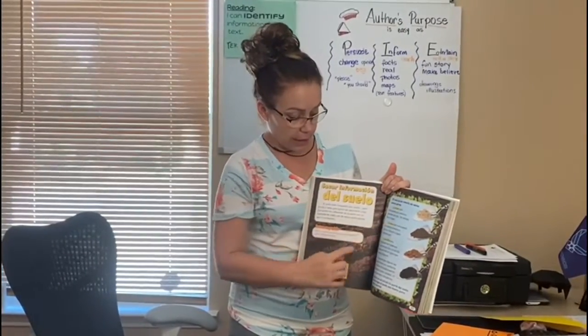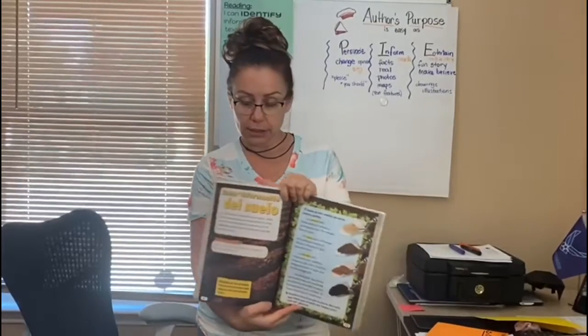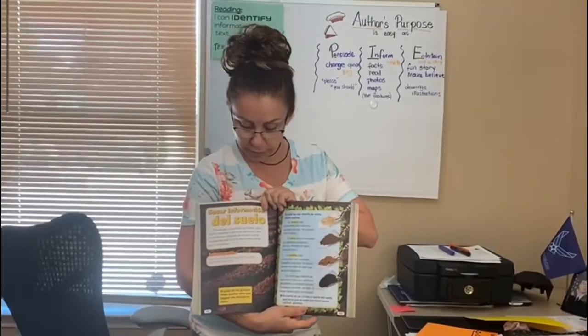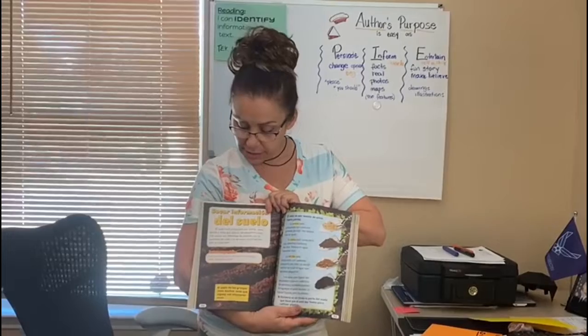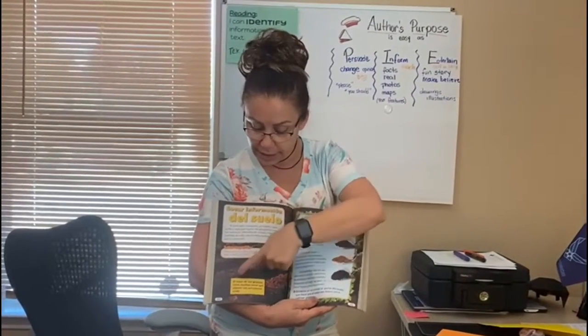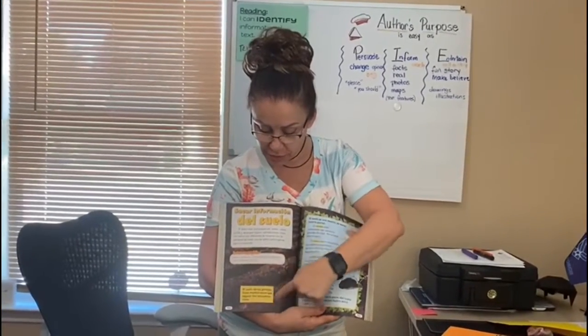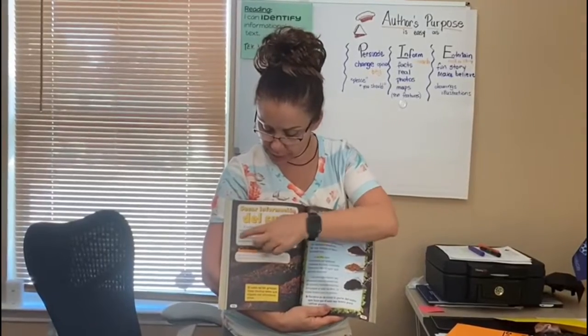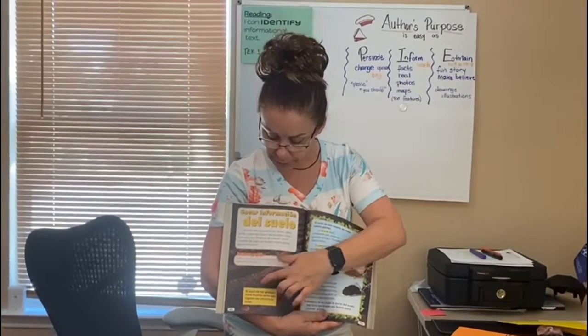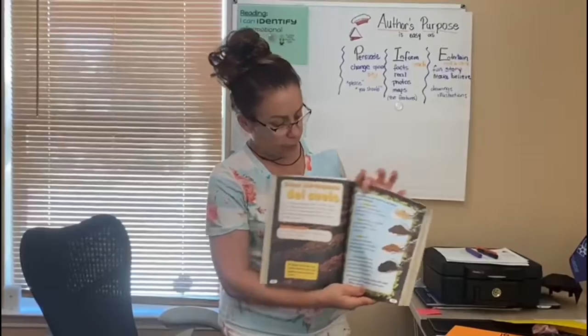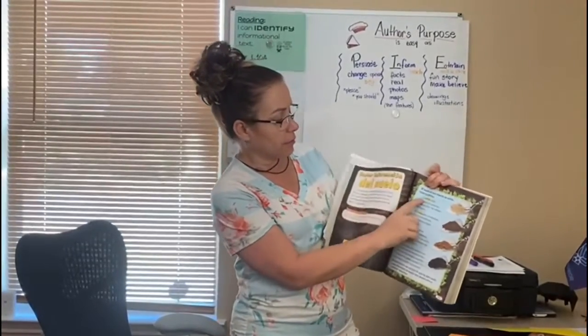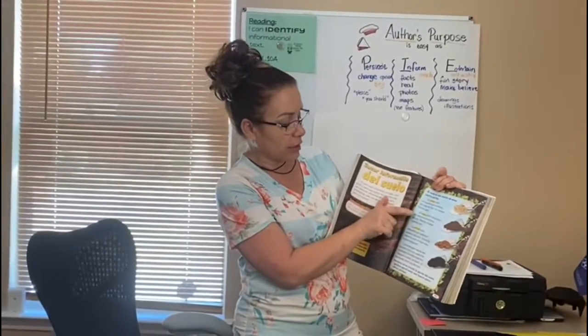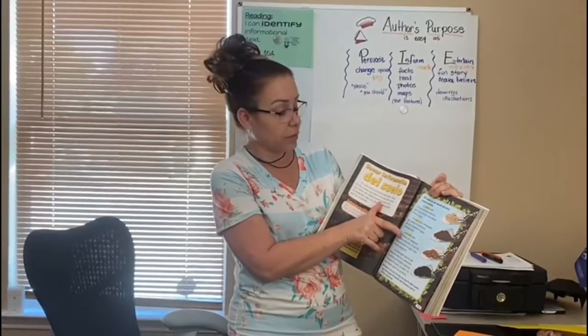Did you guys see, can you see here the text features that we talked about? Oh yes, Sarah has bold letters. Also has some subtitles. And also you see the highlighted words that show, ooh, this is very important.